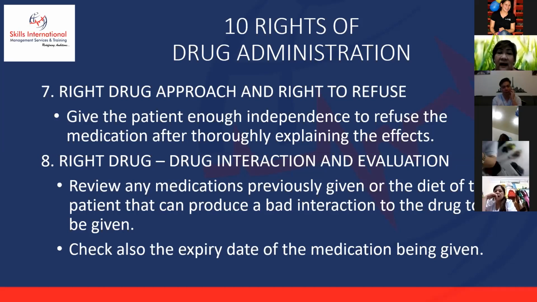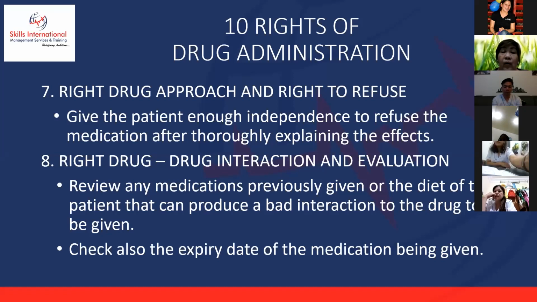Number 8, right drug interaction and evaluation. For example, the medicine that you are going to give has an interaction. Like this medicine for the heart, if you give it, something will happen to the liver, something will happen to the kidney. So there is a drug interaction.